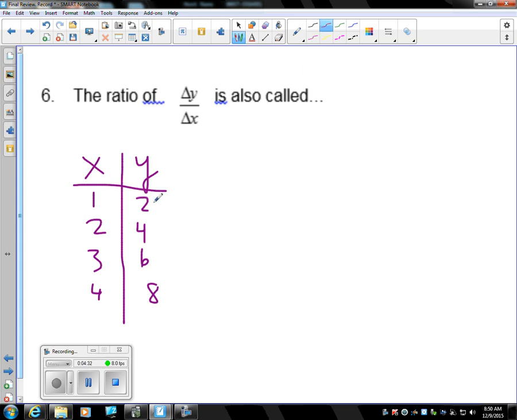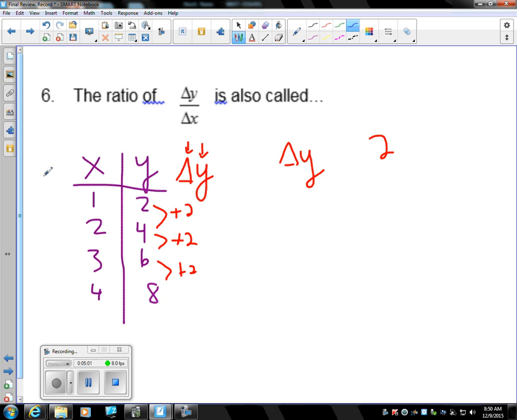well, I need to find the change in my x values and in my y values. What we call the change in y values is delta y. So the change in my y values from 2 to 4 is adding 2, from 4 to 6, adding 2, from 6 to 8, adding 2. So I know that my delta y is a positive 2.